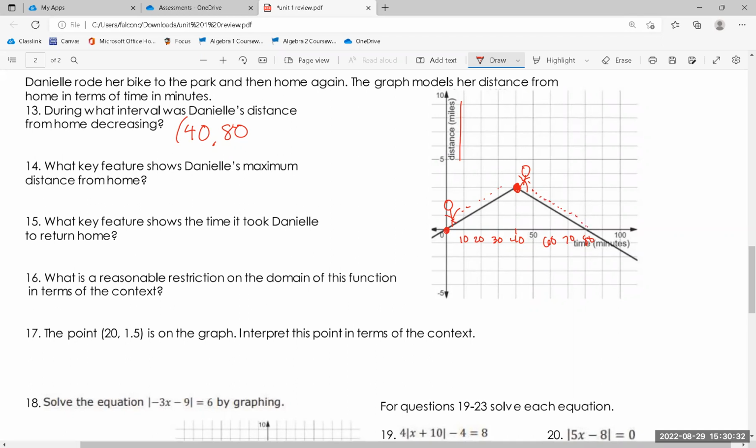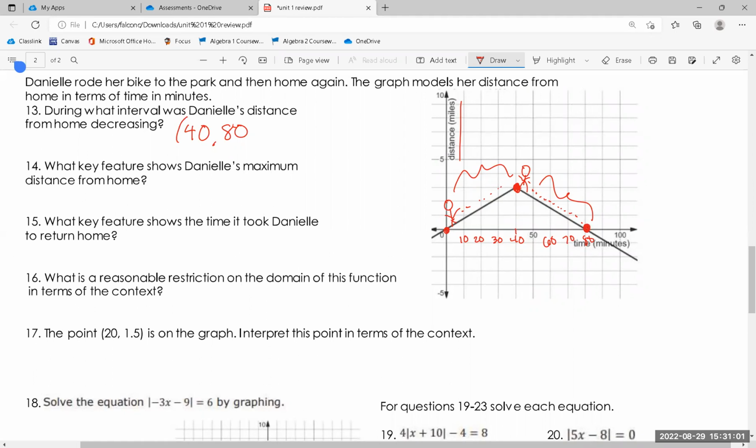So this part of the graph over here is her going to the park, and then she's at her peak distance away from home, and then going back home is the second half of the graph, because once she gets a distance of 0 again, she's back home. With word problems, it's helpful to think, what am I looking at? What does this mean? How can I interpret this for what my problem is asking?